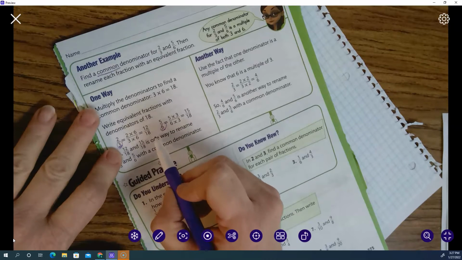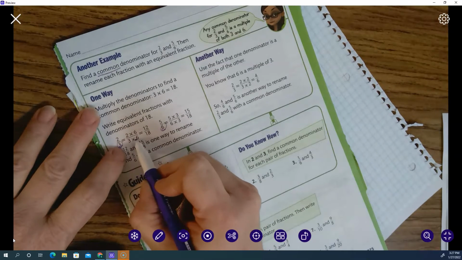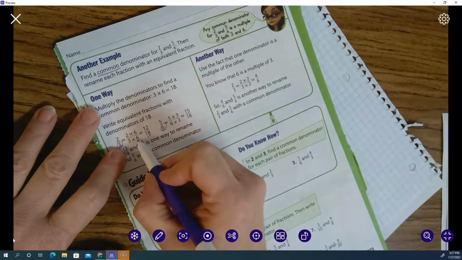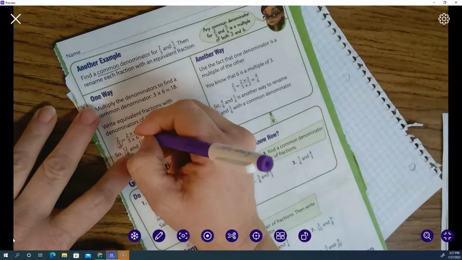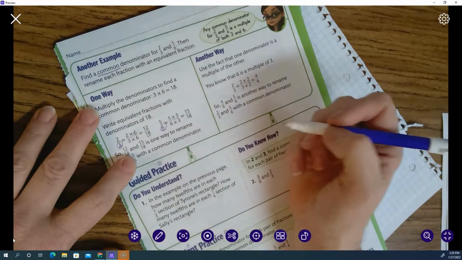If we're going to use 18 as our common denominator, then we multiply 3 times 6 and get 18. Well, if I multiply the bottom times 6, I must multiply the top by the same number. So I would get 12/18.